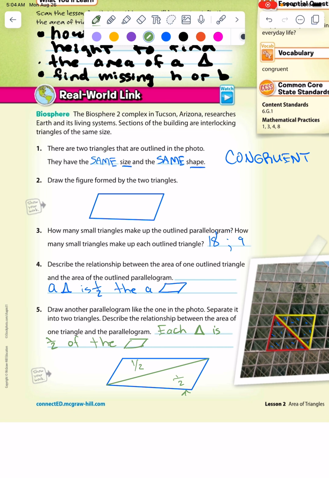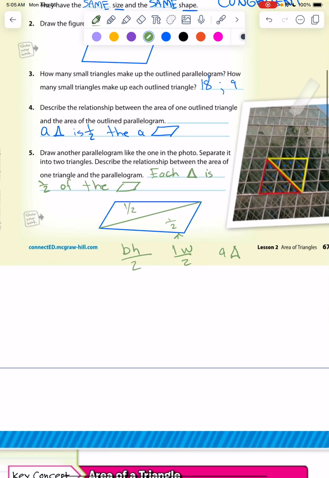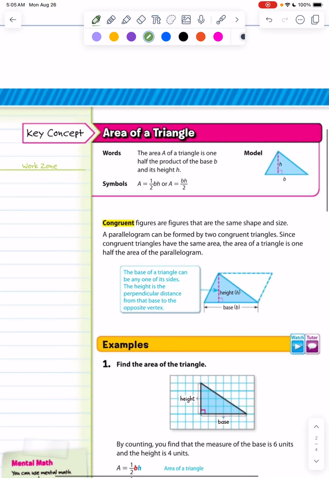That is why when we find the base times the height, or with a rectangle, the length times the width, if we divide that by 2, we get the area of the triangle that we're looking for. That's why it works. Let's look at the next page here. All right, so the concept here is this right here.